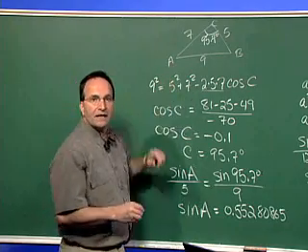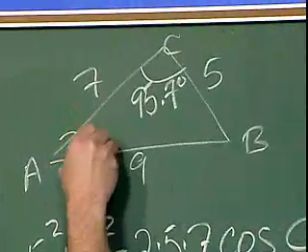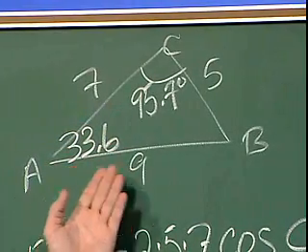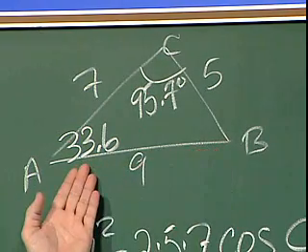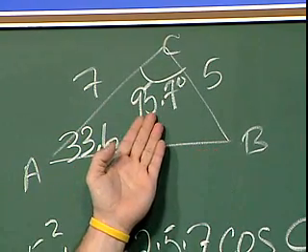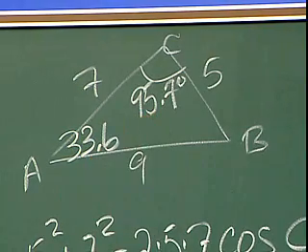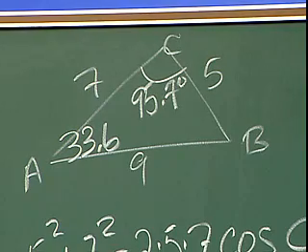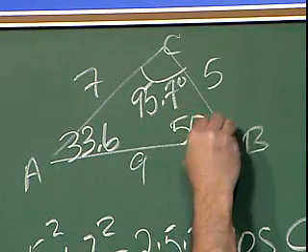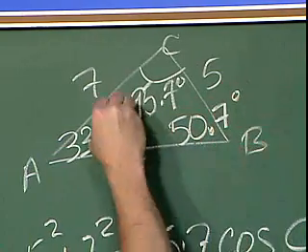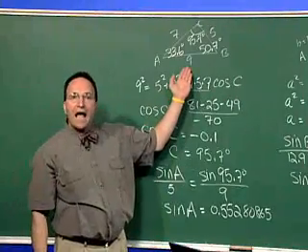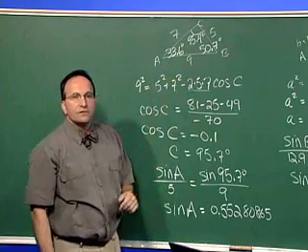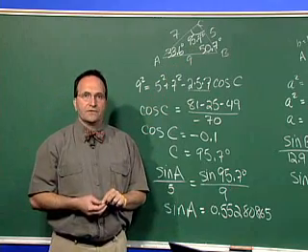So let me write that in my triangle, 33.6 degrees. And so now to find angle B, all I need to do is add together 33.6 plus 95.7, subtract that from 180, and I'll find that angle B is 50.7 degrees. So I now have my complete triangle solved, all 3 angles, and I was given the 3 sides.